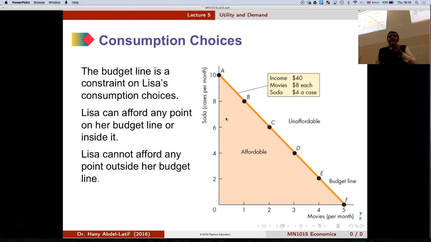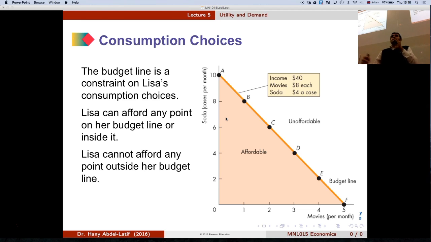The point is, what about the point above that line? That's why it's a budget line. She can't afford any point above that line. Let's say, for example, remember, if she decides to devote all her income to buying soda, she will get 10. Why? Because she received $40, she spent this on soda, and the soda price is $4. Then she can get 10.